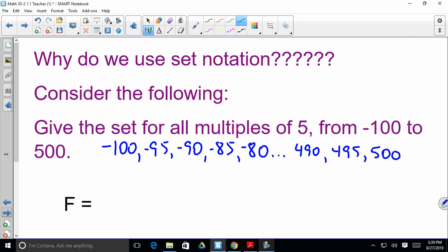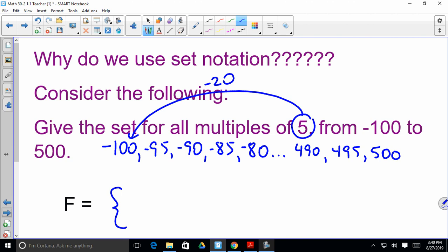So, multiples of 5. Is there an easier way? Well, why don't we go to set notation. Multiples of 5. Well, what do you multiply 5 by to get minus 100?